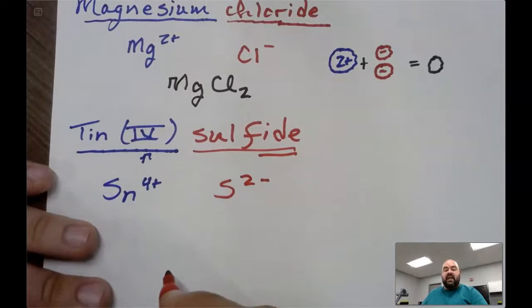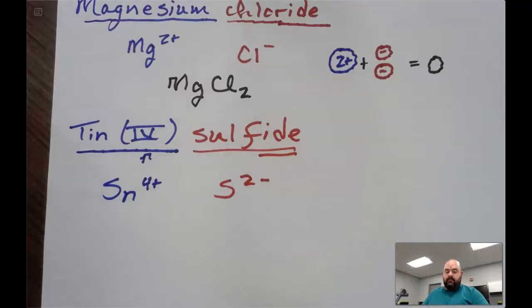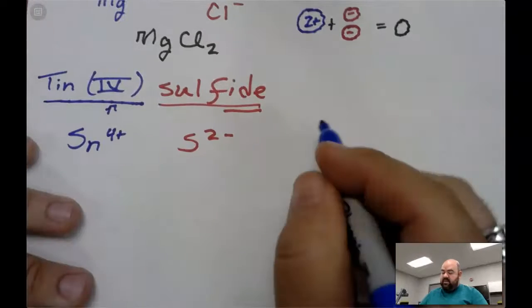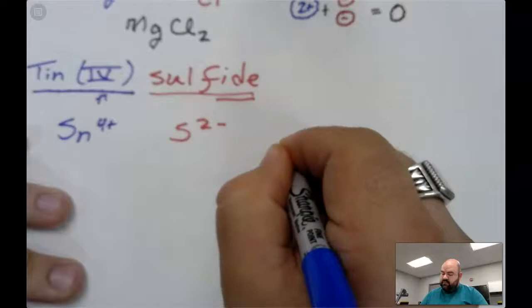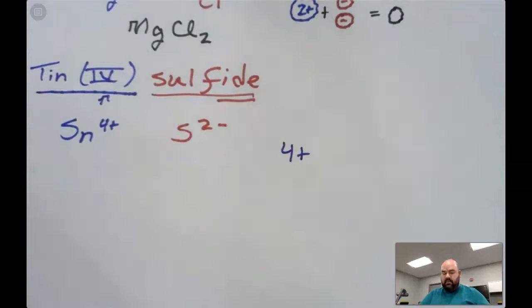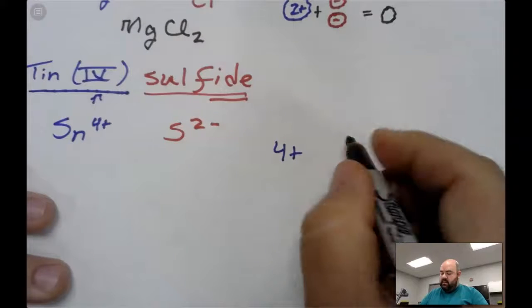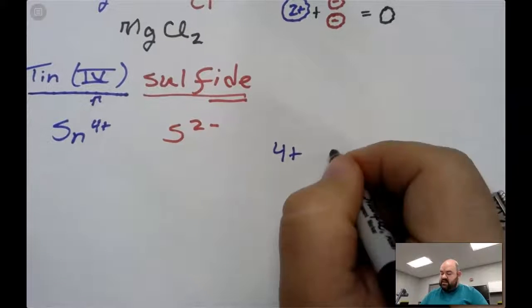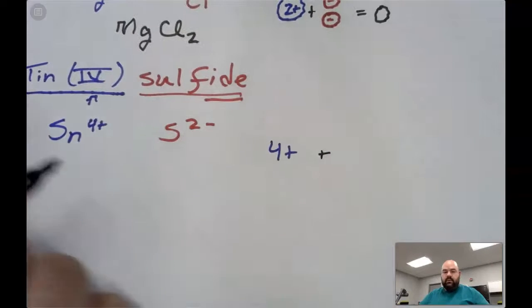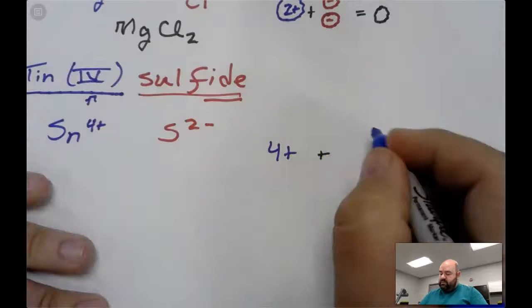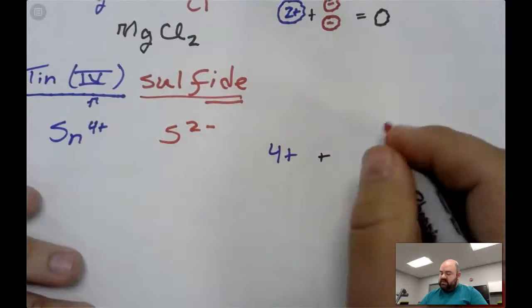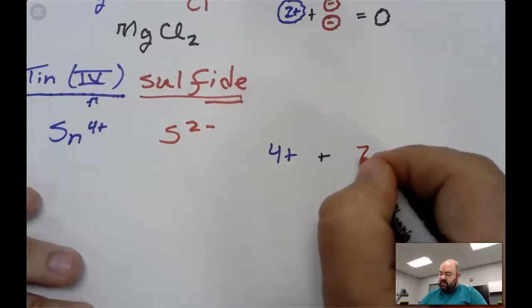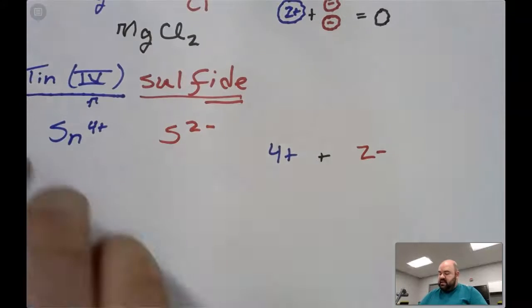And just like our previous example, I have a 4+ charge, and it needs to add to sulfur's 2-, I'm sorry, that's the wrong color, to equal 0.